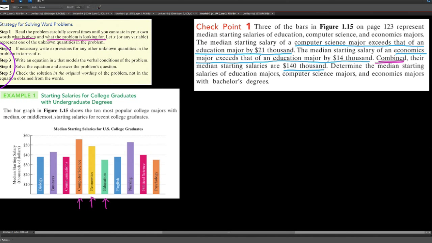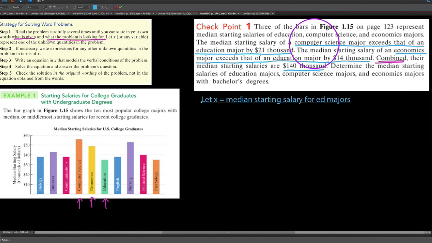And so what I'm inclined to do here is this: let's let x equal the median starting salary for ed majors. The reason why I say I'm going to let x be for the ed majors is because I noticed that up here I could have said let x be the median starting salary for computer science because I didn't know that, or median starting salary for economics majors because I didn't know that either.